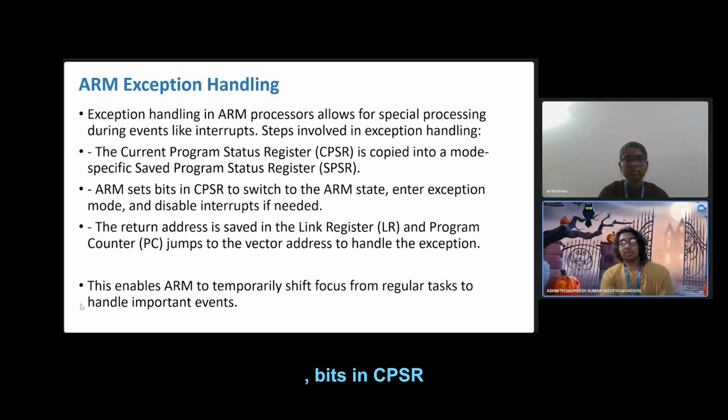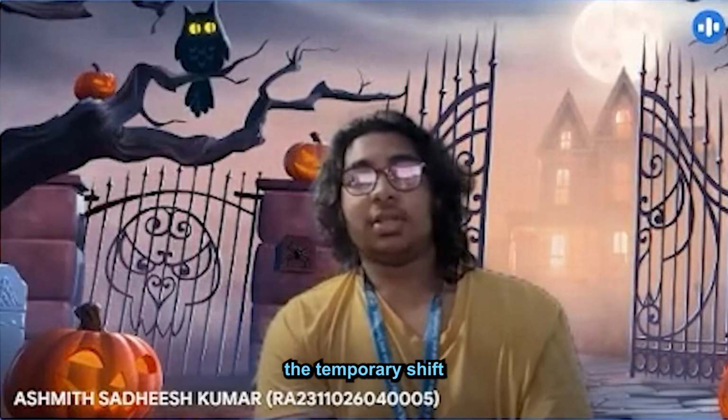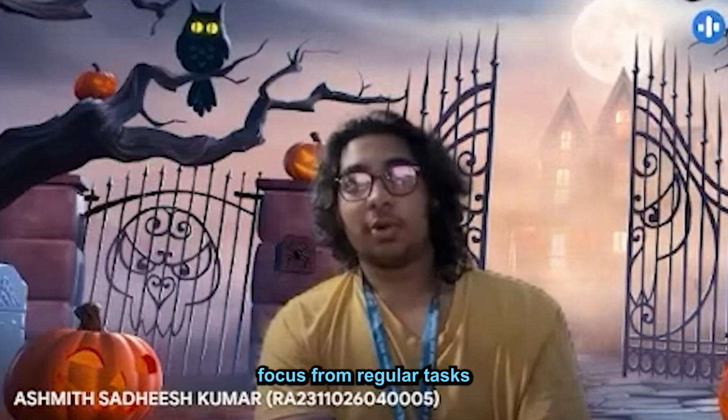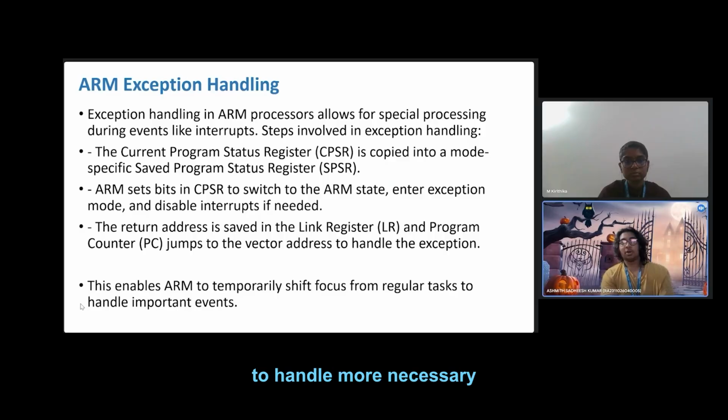Bits in CPSR are set to switch to the ARM state, enter exception mode and disable interrupts. The return address is saved to a link register, and the program counter jumps to the vector address to handle the exception. So all of this enables the processor to temporarily shift focus from regular tasks to handle more important tasks.